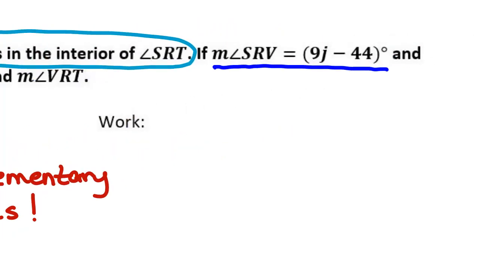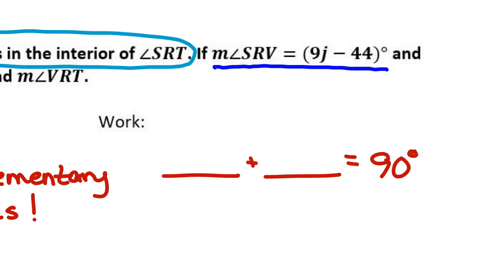So complementary angles means something plus something else equals 90. So 9J minus 44 plus 6J plus 14 equals 90.